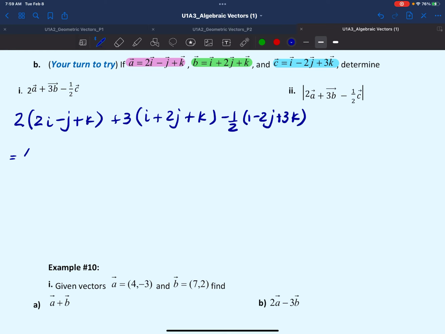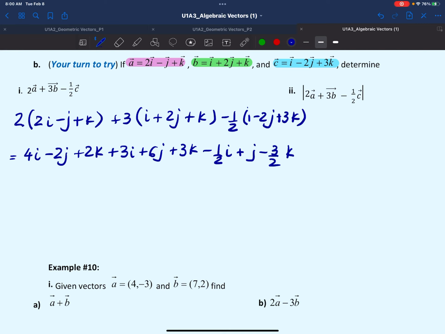So again, this would be 4i minus 2j plus 2k plus 3i plus 6j plus 3k minus half i plus 1j minus 3 over 2k.